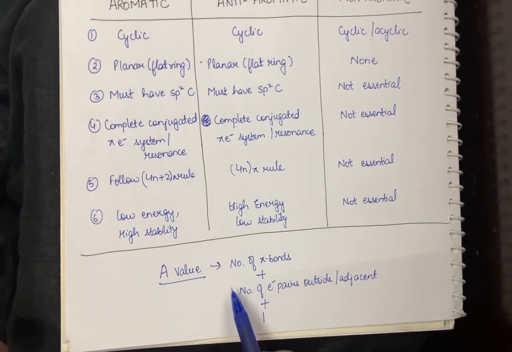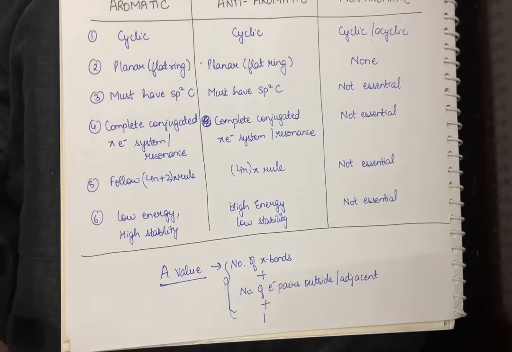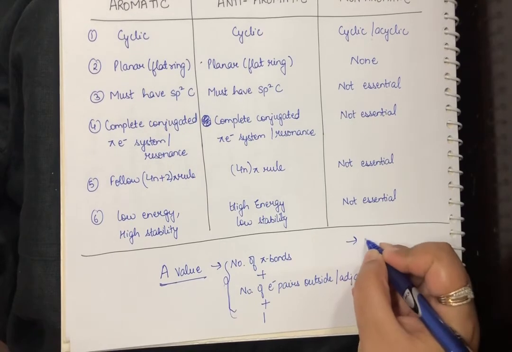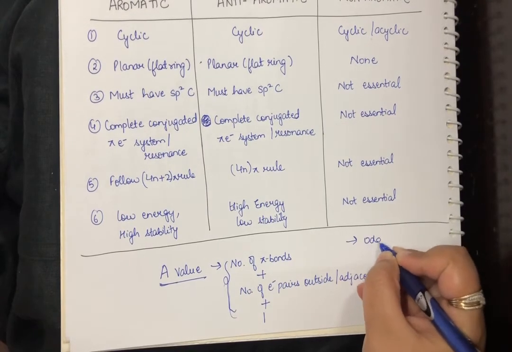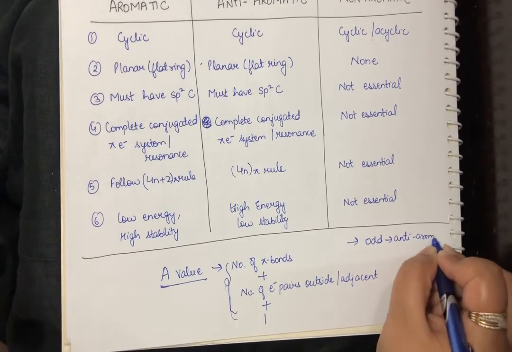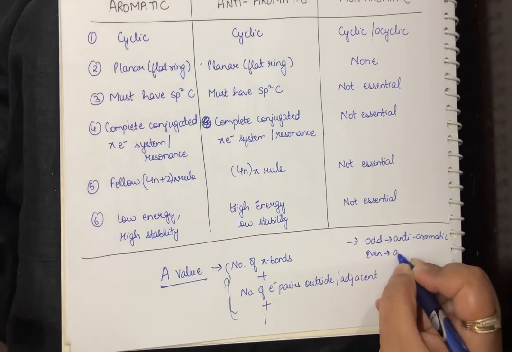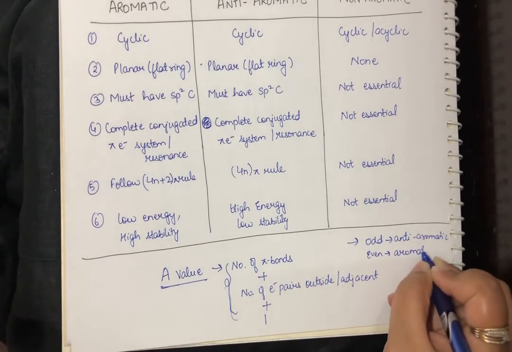When we add all of them, we get a value which we call the a value. If that a value comes out to be odd, I will call it an anti-aromatic compound. And if it comes out to be even, I'll call it an aromatic compound.